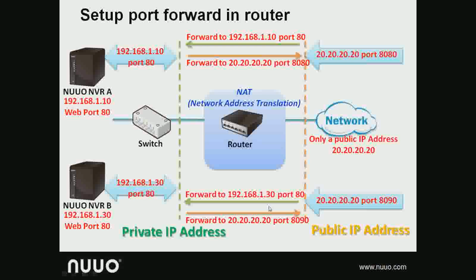And after the setup is complete, the remote user can connect with this NVRme2 web page and key in the public IP address with the 8000 port and receive the live streaming and the playback by port 8010 and 8020.